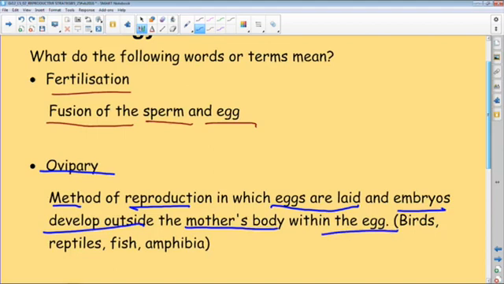So in other words, your birds, your reptiles, your fish, and your amphibians. When you go hunting for eggs, or when you have eggs and bacon, scrambled eggs, poached eggs, all those different types of eggs. That's the reproductive strategy. That's oviparous, and they are very important.